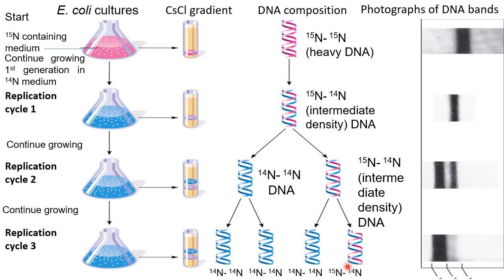Though the majority of fractions had N14 DNA, this N15 nitrogen is still there, which came from the initial culture that contained N15 nitrogen. So this proves experimentally that DNA replicates in a semi-conservative way.